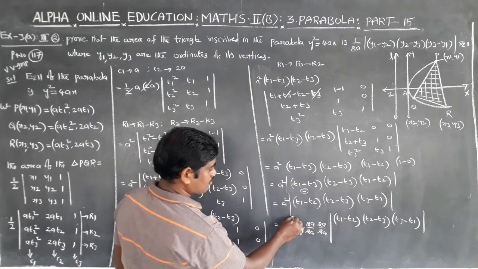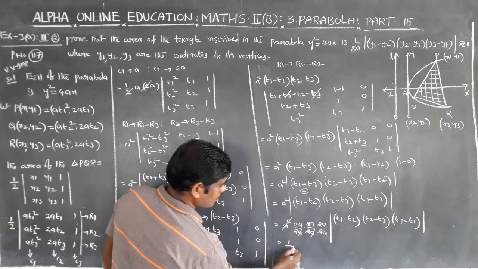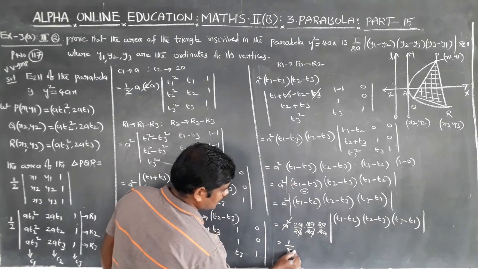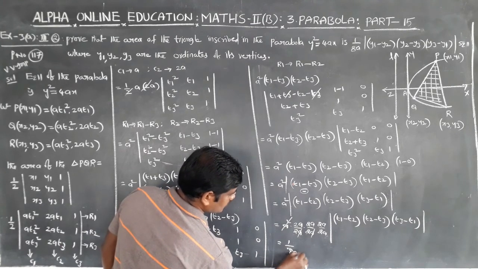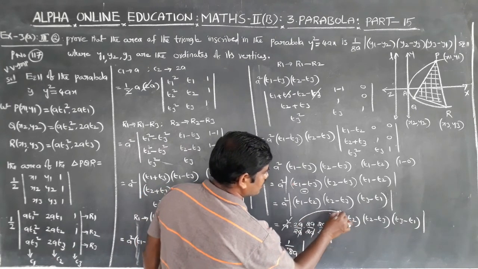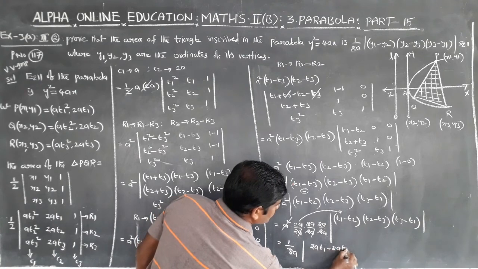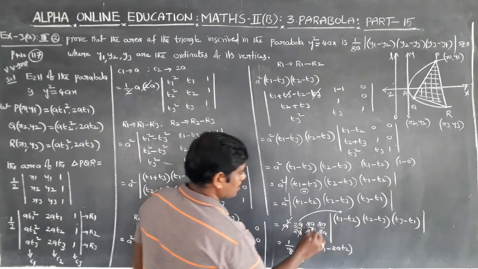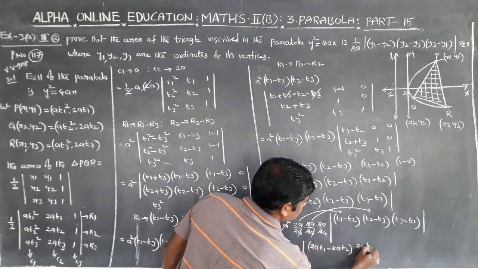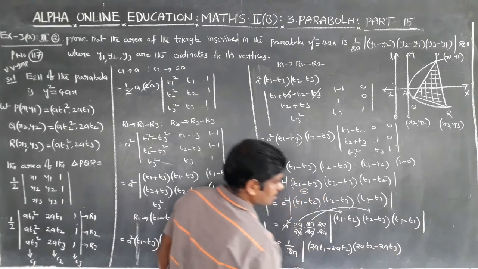Here A square, A get cancel. 1 by 2 into 2 4 4 into 2A, 8A mod of. Multiply with 2A first term, 2A T1 minus 2A T2. Multiply 2A second term, 2A T2 minus 2A T3.